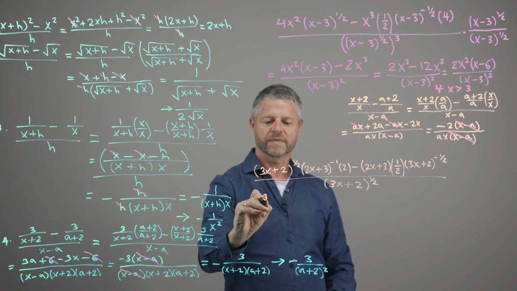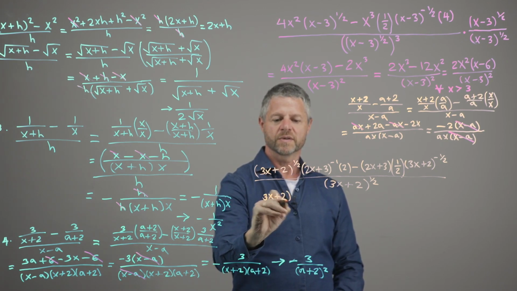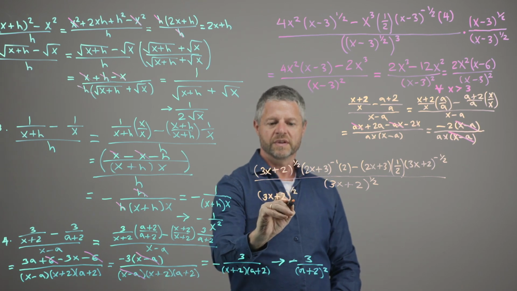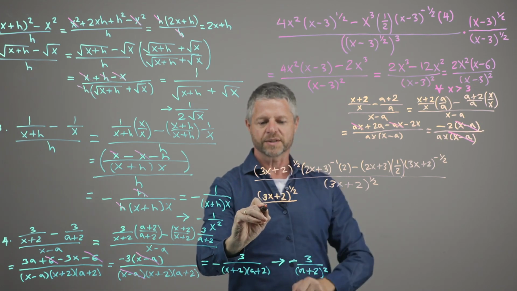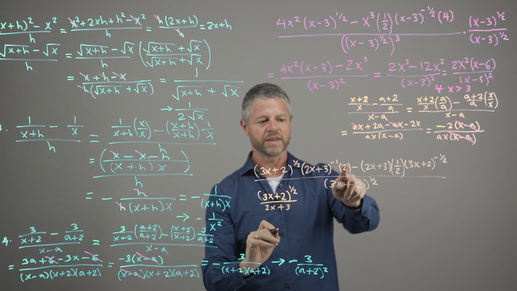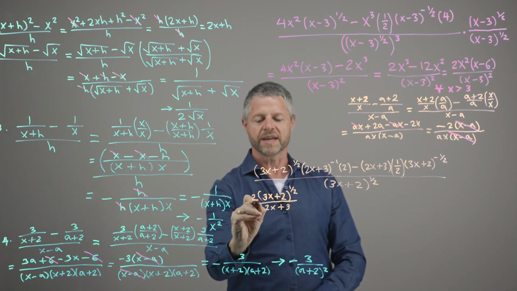So it's 3x plus 2 to the 1/2 divided by 2x plus 3. And then we've got a 2 here, so let me put the 2 there.